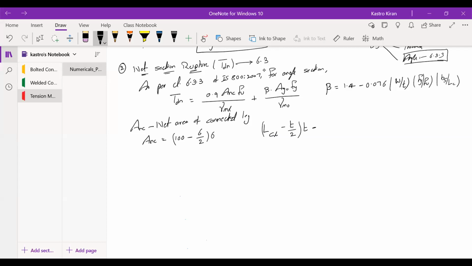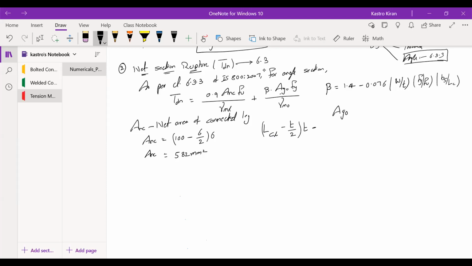If you solve this, you'll get the value of Anc, which is obtained as 582 mm square. This is how you can calculate the Anc value. Similarly, we also have to calculate the value of Ag naught.